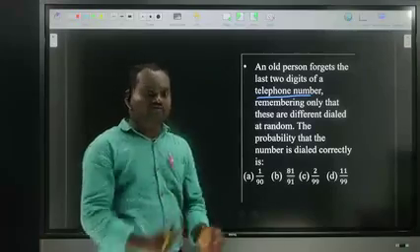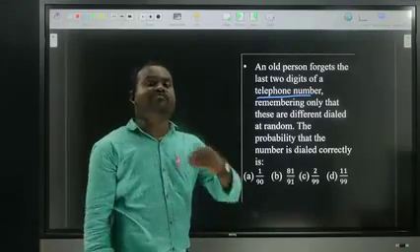One old person, while dialing a telephone number, has forgotten the last two digits.